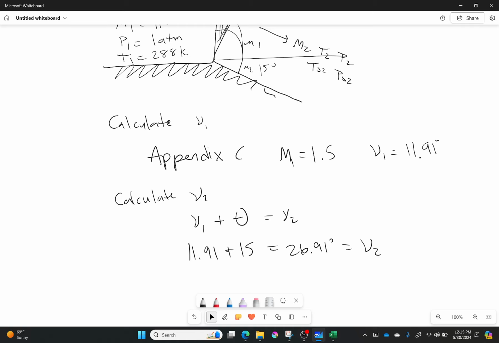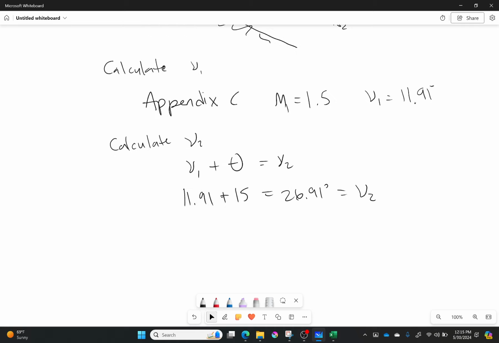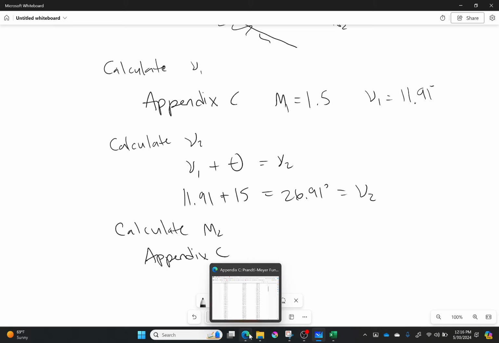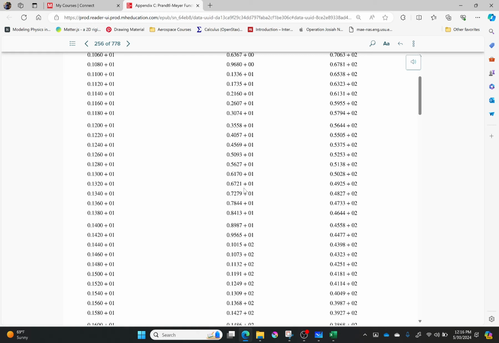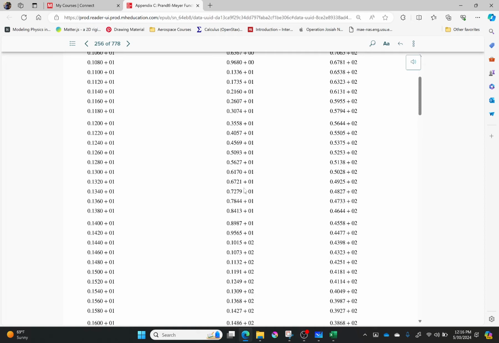Okay, so far everything's going pretty well. So now that I've done that, I'm going to go back to the tables and calculate what Mach 2 is. My Mach number after the wave is going to be, and so that's going to be in Appendix C once more. So let's hop back there and look for 26.91. As a note, I'm just going to find what is closest to this and be happy with it.